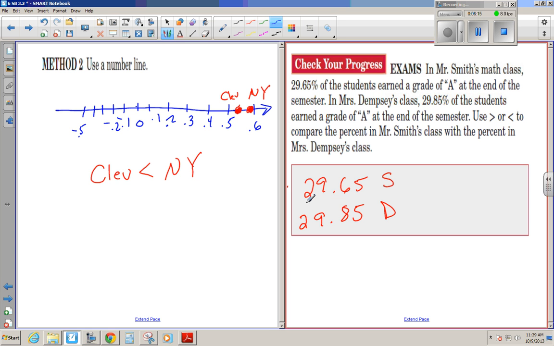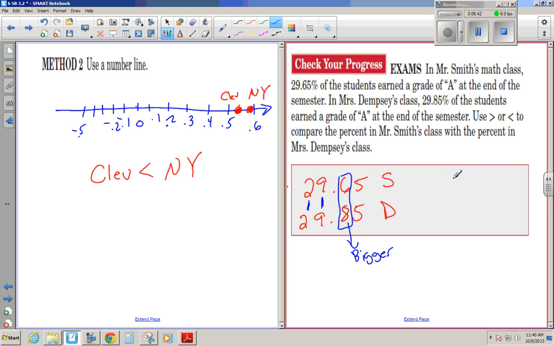So if we look, the 2 and the 2 line up. So far it's the same. 9 and a 9, those are the same. When we get to the tenths place, you see that the 8 is bigger. Since the 8 is bigger, that means the whole bottom number is larger.